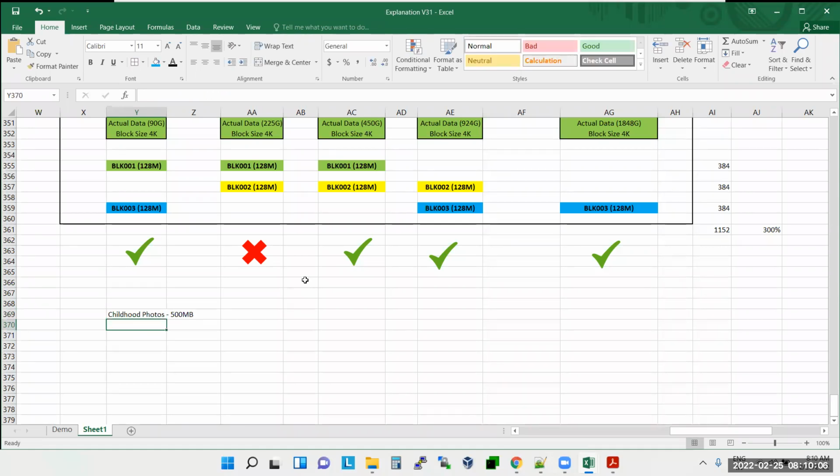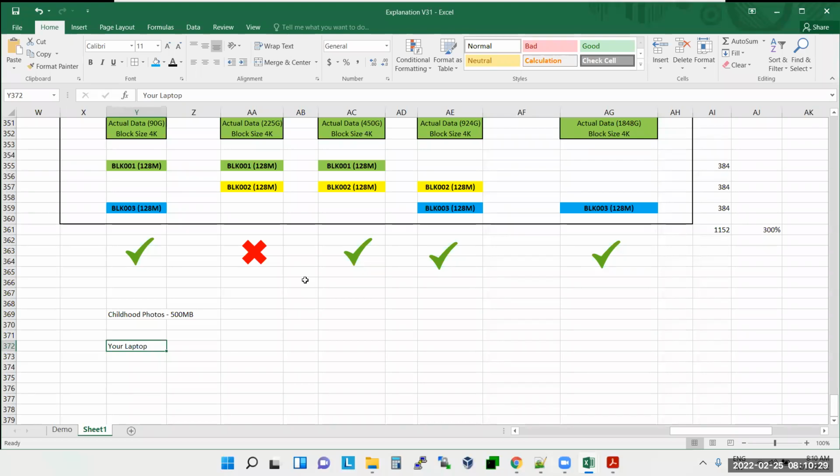Now what will you do to safeguard this? You will put a copy in your laptop. But what if I'm at my friend's house and I don't have my laptop, and he asks me to show my childhood photos?